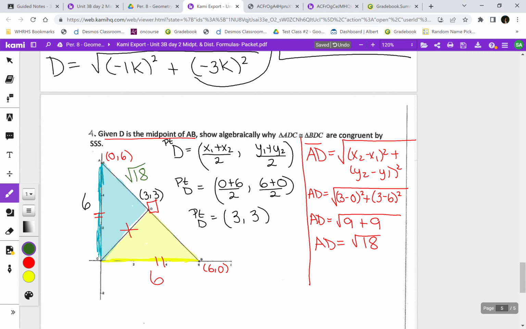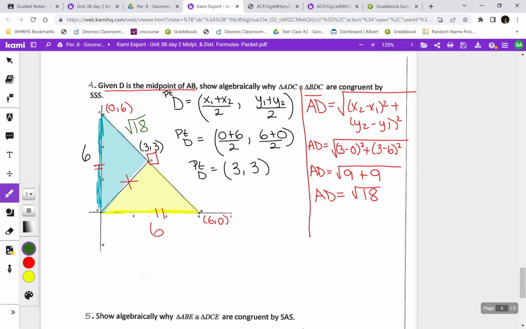What else do I have to find now? Ethan? AB? DB. DB, you got it. So now we want to find DB. So DB is going to equal, again, the distance formula, x2 minus x1 squared plus y2 minus y1 squared.